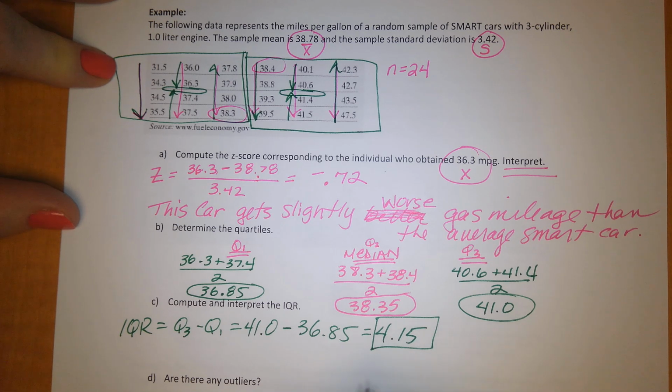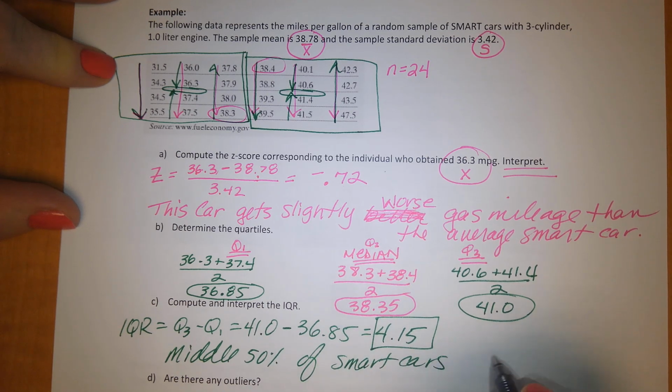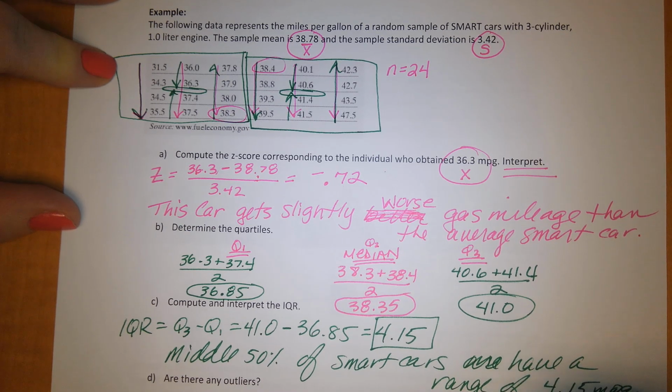In an interpretation, I would say that the middle 50% of smart cars have a range of 4.15 miles per gallon.